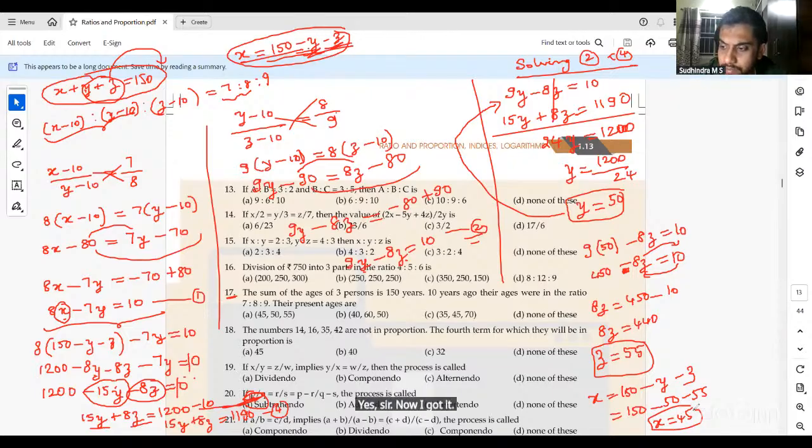Good. Yeah, definitely, Kaushal, I'll also discuss that. If anyone is writing this, quickly complete. Yes, Murugesh, you can do that.